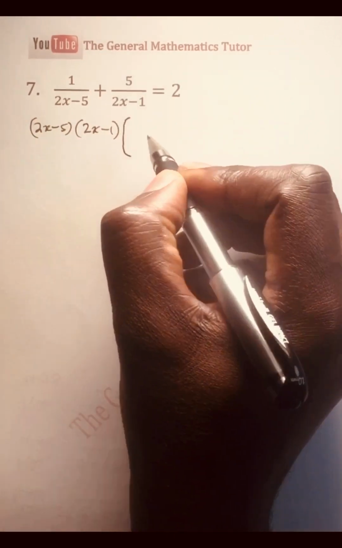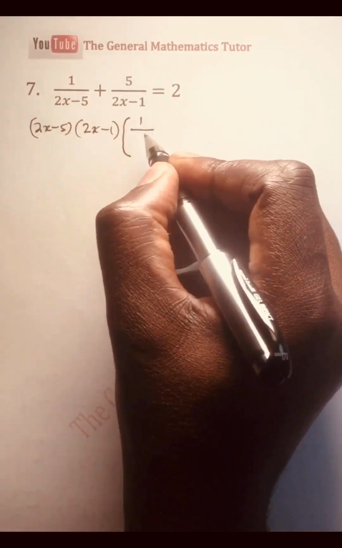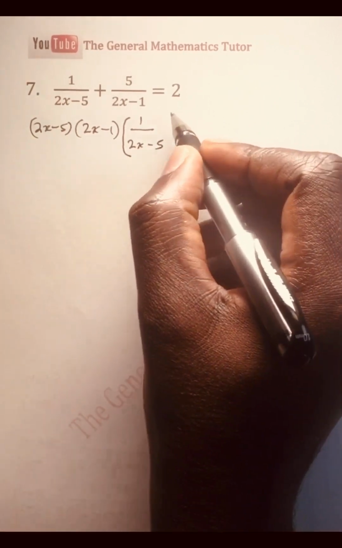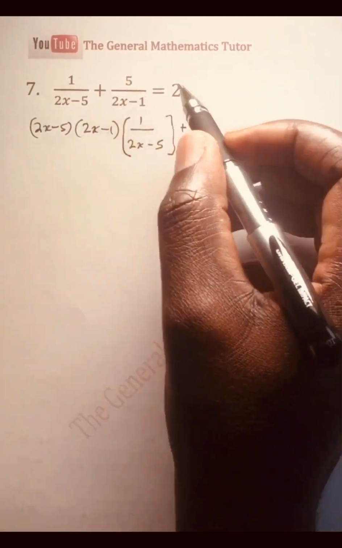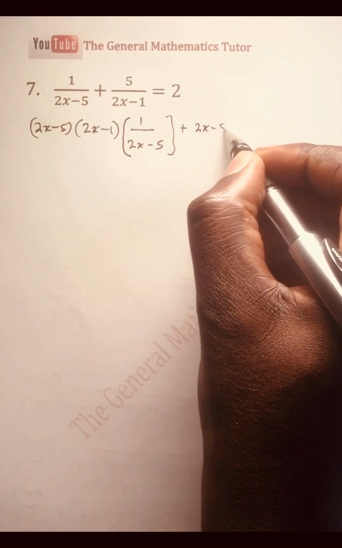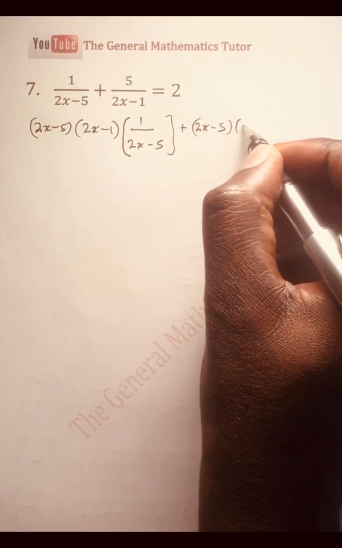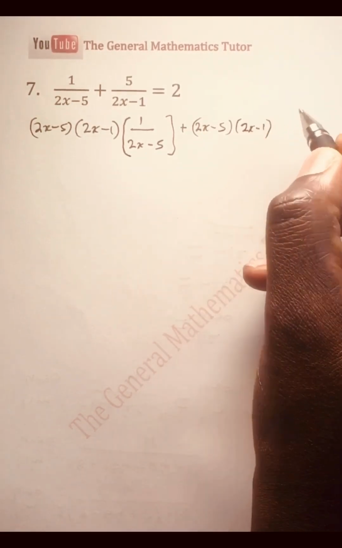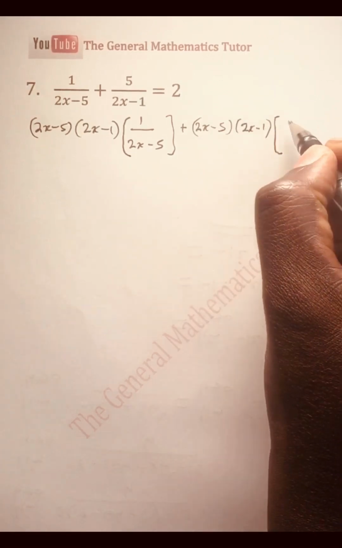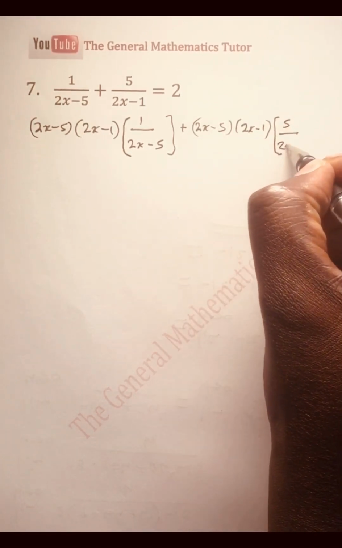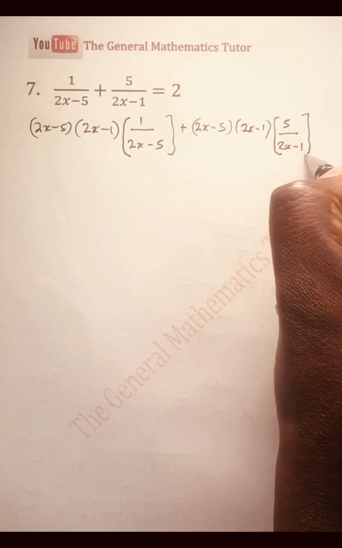Then we multiply that by the first term, which is 1 over (2x minus 5), plus the other term. So we have (2x minus 5) into (2x minus 1), multiplying the second term, which is 5 over (2x minus 1).